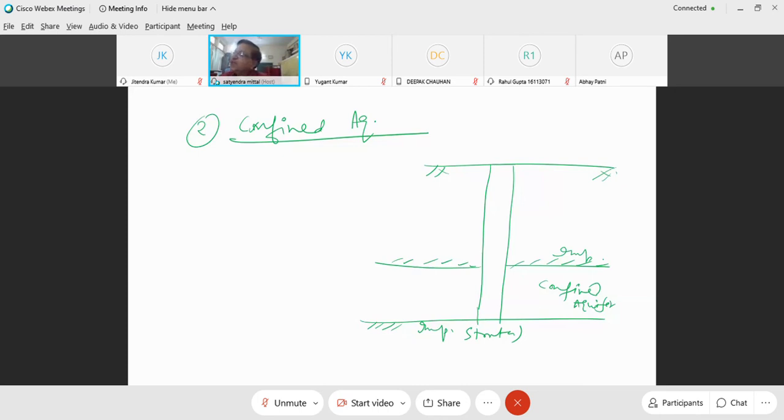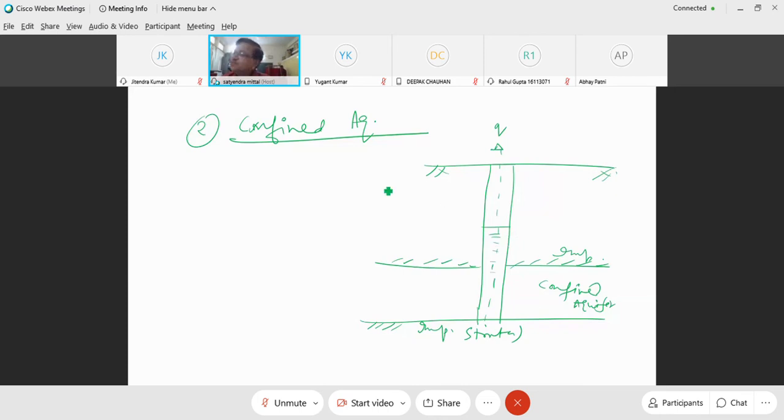Now here also the same thing. It is the center line. Small q is the water being extracted by you. So let us say water has come up to this level.